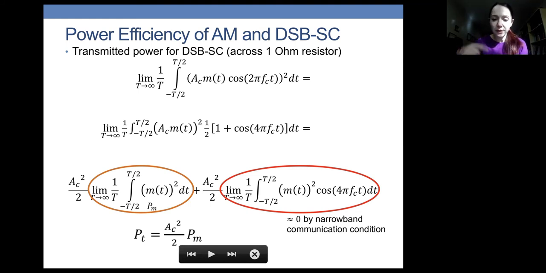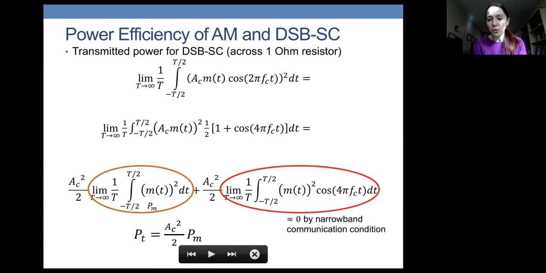Normally, if you didn't have the message here, and you integrated the cosine, what would you find? 0, right?